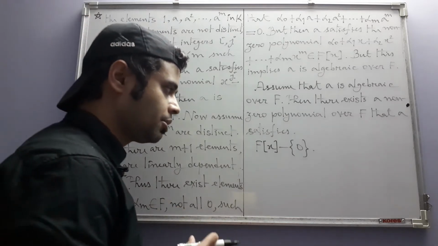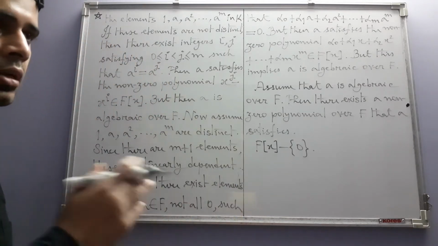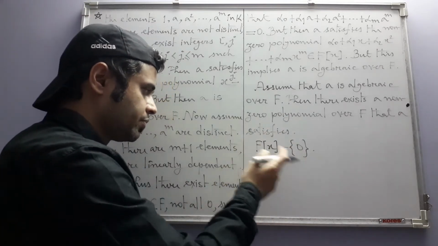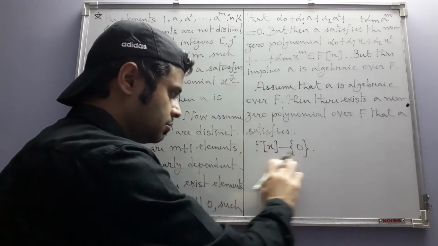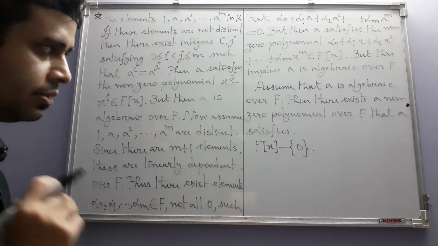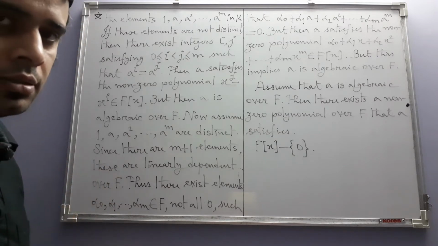Only the zero polynomial does not have a degree; we did not bother to define it to be either -1 or minus infinity. But in our case, since these polynomials are non-zero, they have degrees, and those degrees are non-negative integers.